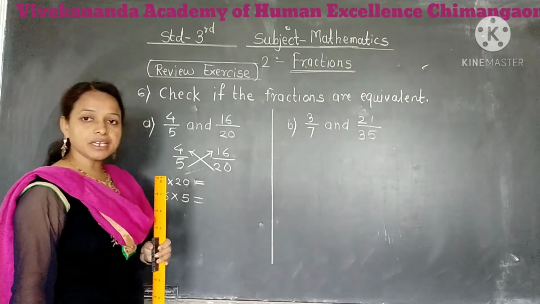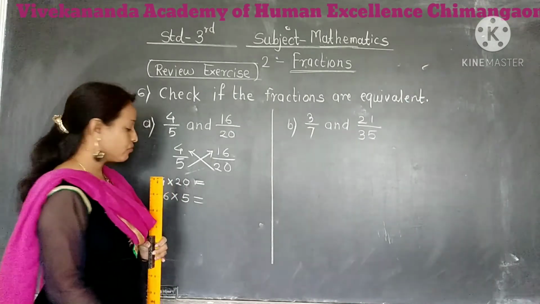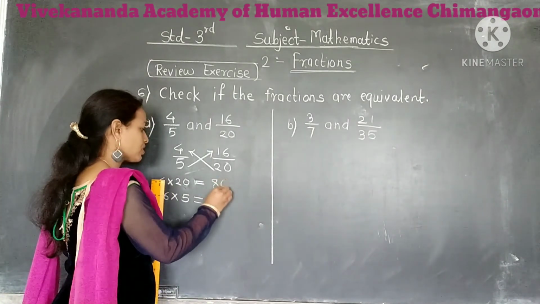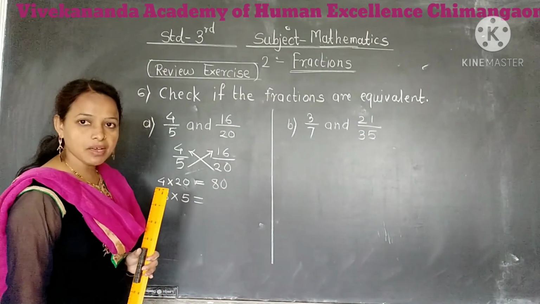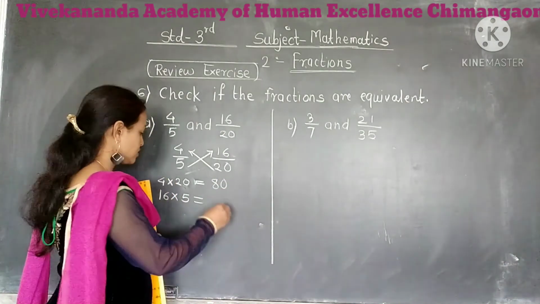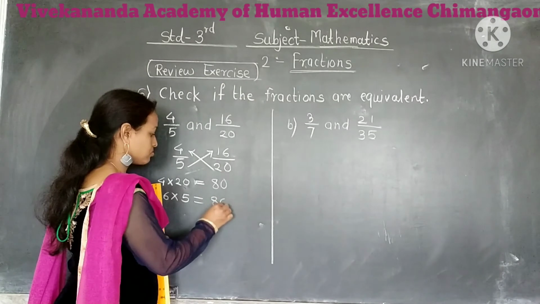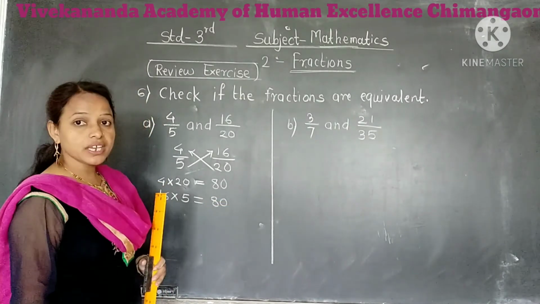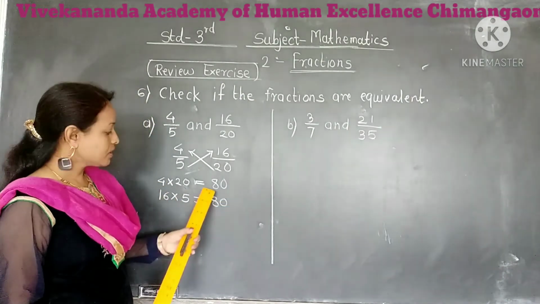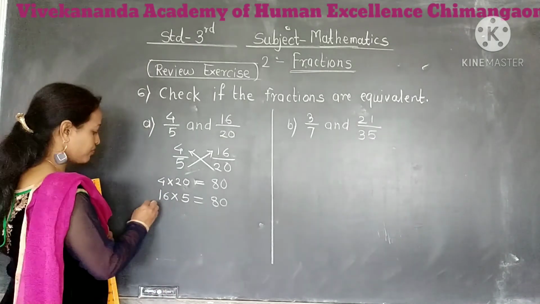Here 20 multiplied by 4. 20 4s are 80. And 16 multiplied by 5. 16 5s are 80. So here we get product 80. The products are the same.